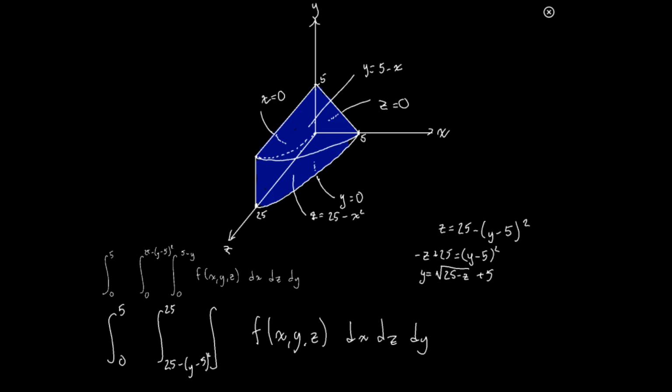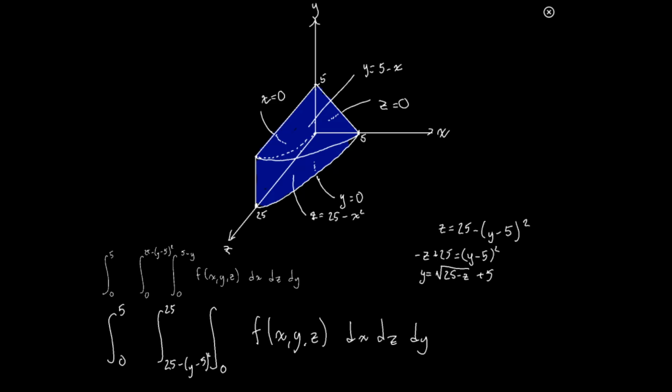Then for x, for this portion right here, we go out from here in the x direction, and we run into this face right here. So that means our lower bound is x equals 0. And our upper bound is, well, we can solve this for x, and we already figured that out previously.